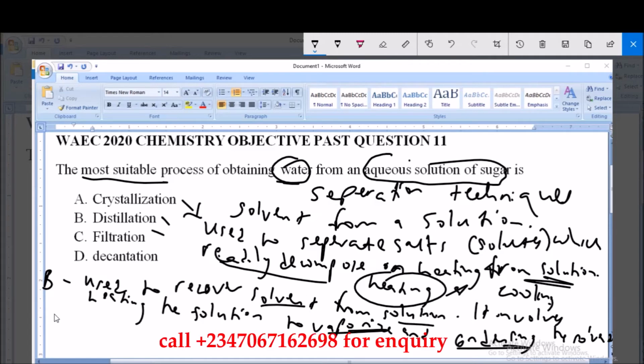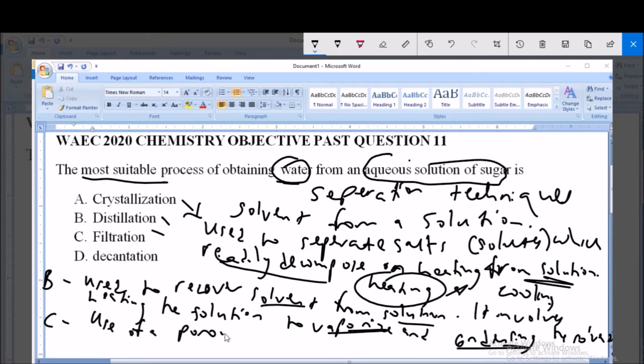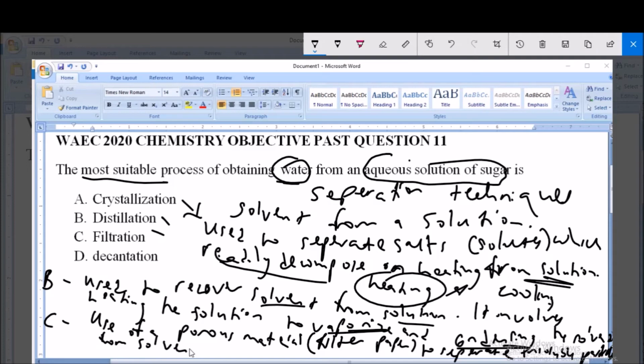Now option C, which is filtration, involves use of a porous material, and an example of this is our filter paper, to separate insoluble particles from a solvent or a liquid.